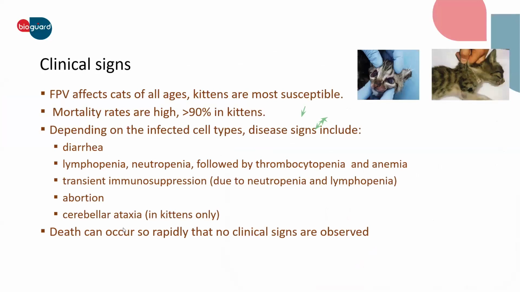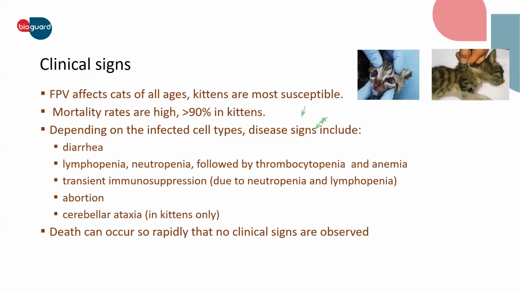So let's check the clinical signs of FPV or CPV infection. FPV can affect cats of all ages, and kittens are most susceptible, and the mortality rate is high, especially for kittens.